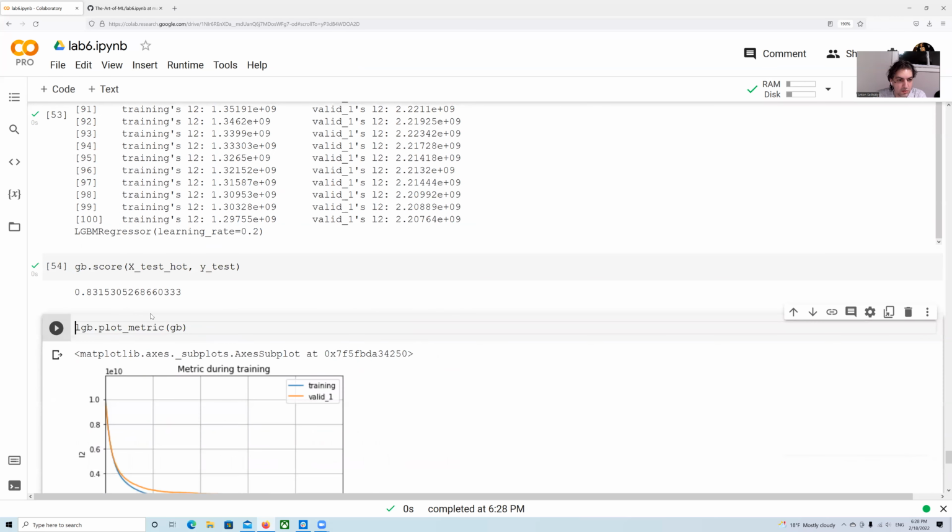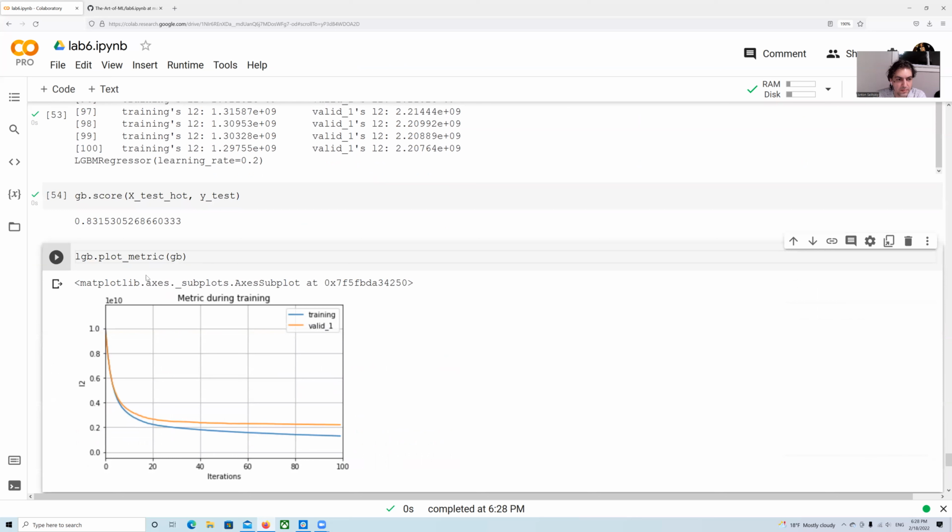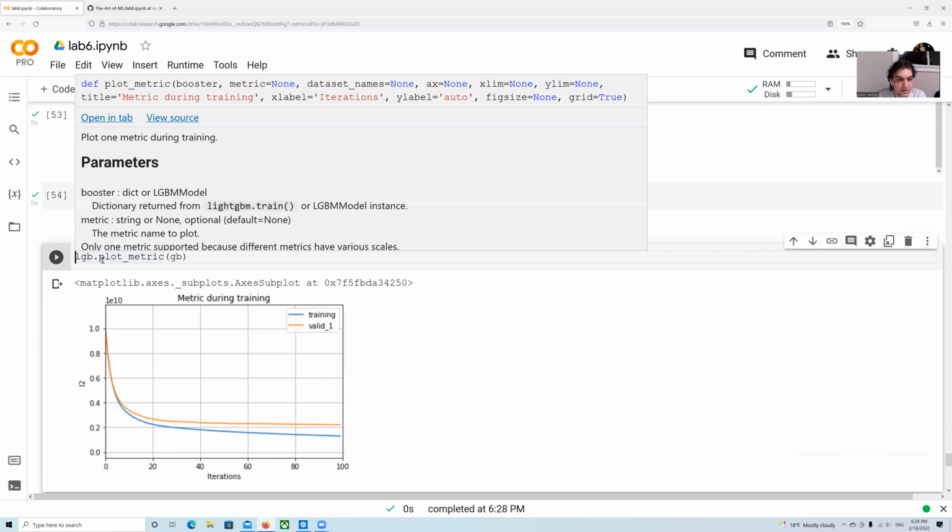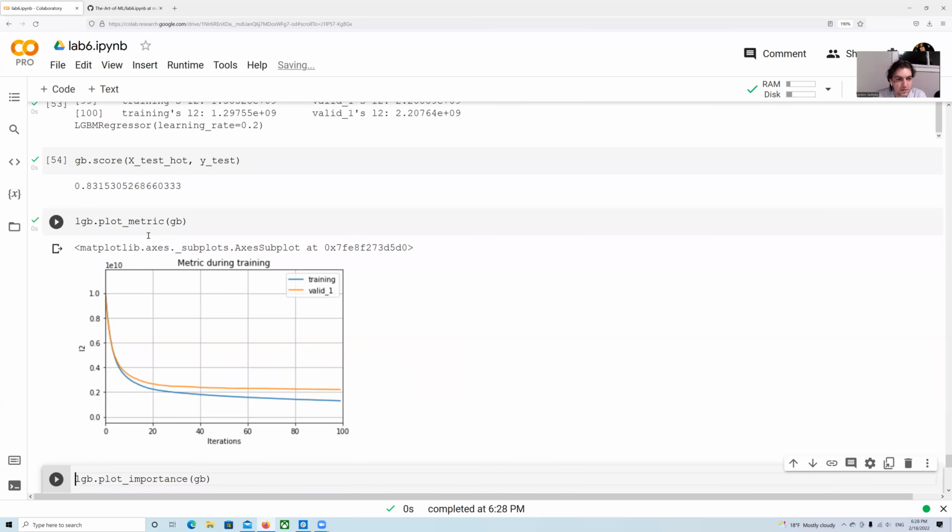So the overall score is 0.80, and you can see that it's a great improvement compared to the linear model. And the parameter plot metric allows you to plot the accuracy depending on the iteration on the training and on the validation sets.